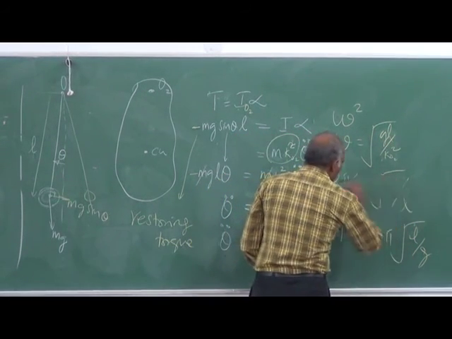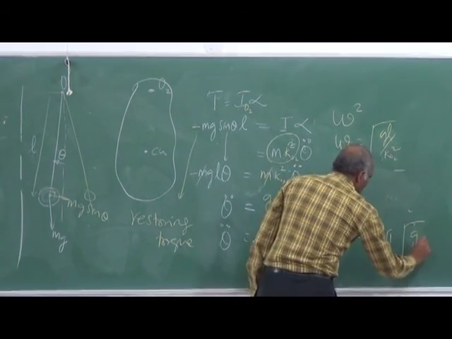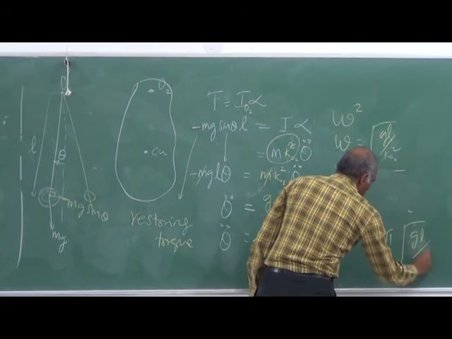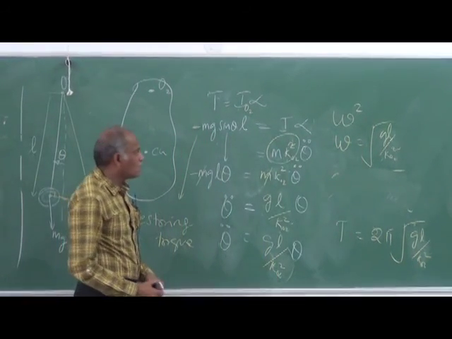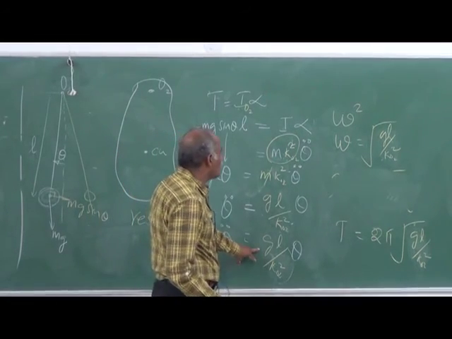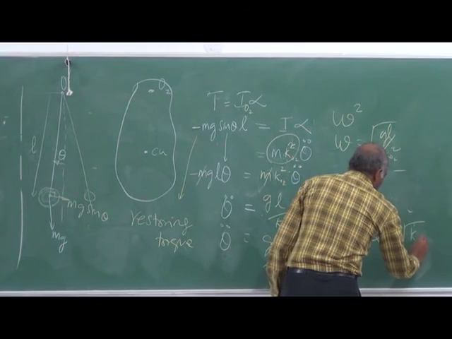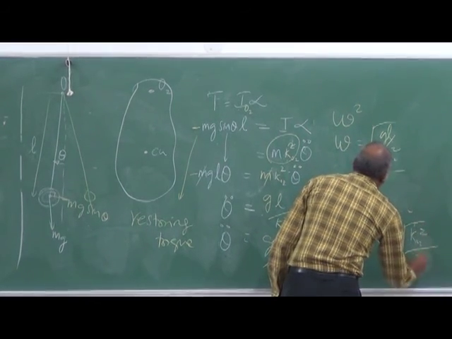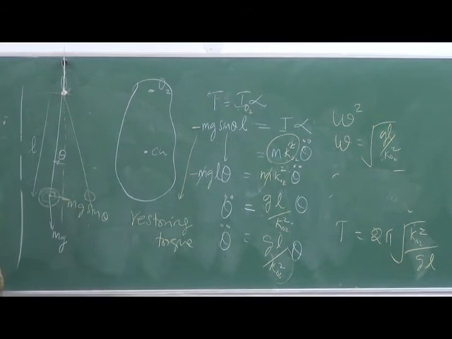The time period also will be like that, oh yes, this will be reversed, correct. So this is the equation for the period of oscillation of a compound pendulum.